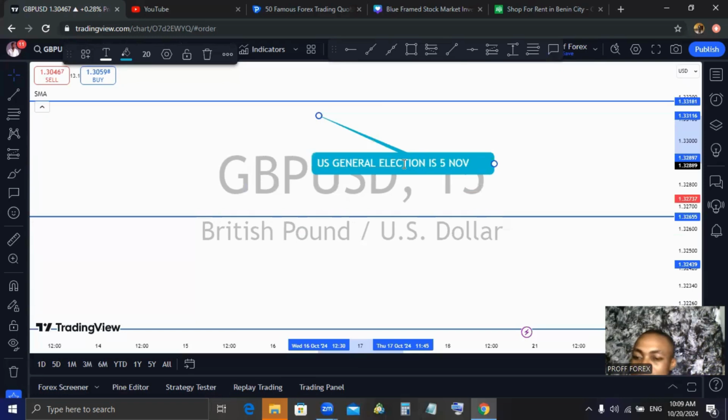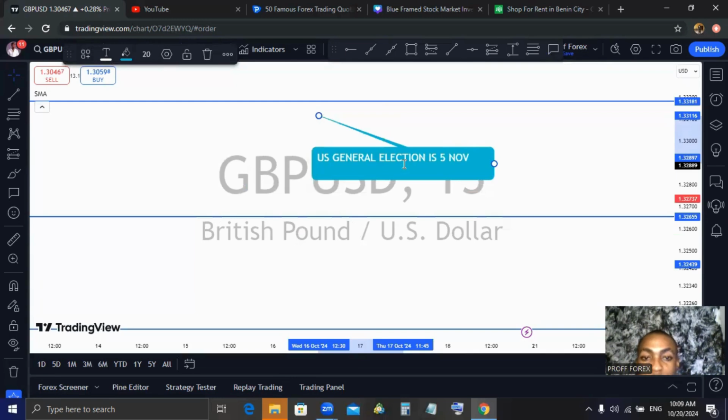I'm seeing the dollar getting weak. In forex, when you hear weak, it simply means it will have less power, it will not have strength.